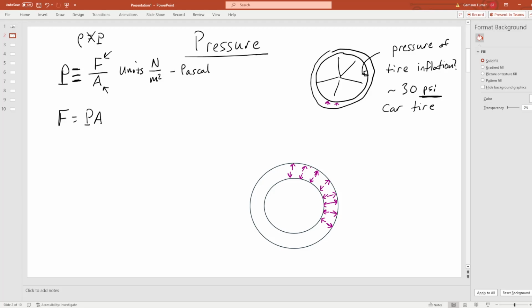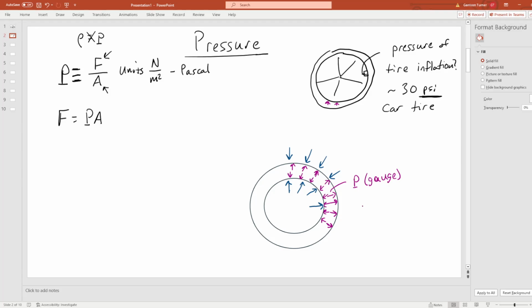But you also have the atmosphere pushing down on the tire everywhere, pushing inward on the tire everywhere. So the air is also pushing in on the tire from our atmospheric pressure. Okay. So the pressure inside, this is what we call the gauge pressure.